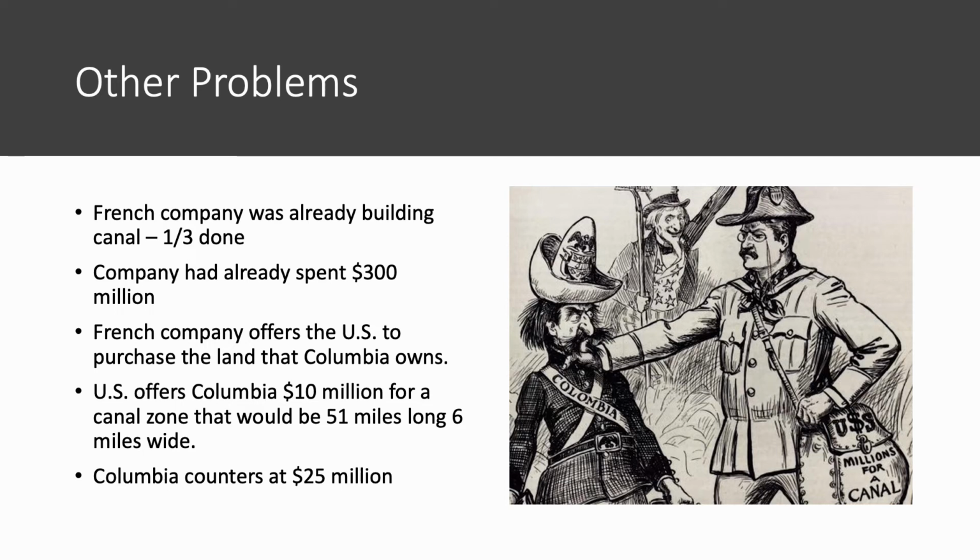So the United States offers Colombia $10 million for this canal zone, which is 51 miles long and 16 miles wide. It's a very small amount of land, and $10 million at the time was a good amount of money for it. Colombia, however, counteroffers the United States and says you need to pay $25 million if you want to build the canal and purchase this land.